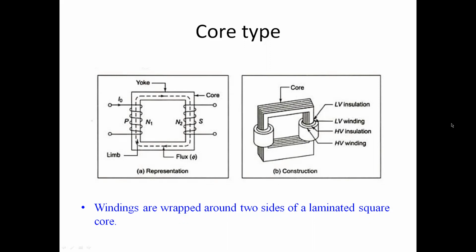So this is called interleaved or overlapped coil. Here it is shown LV, and over this LV we put the HV winding after insulation. Correct.